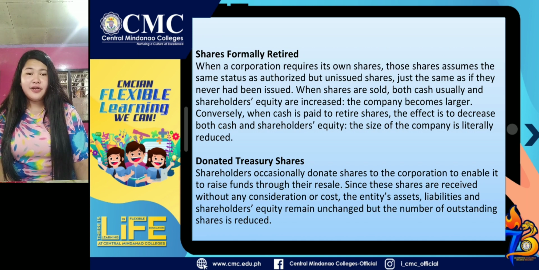Donated treasury shares. Shareholders occasionally donate shares to the corporation to enable it to raise funds through their resale. Since these shares are received without any consideration or cost, the entity's assets, liabilities, and shareholders' equity remain unchanged, but the number of outstanding shares is reduced.